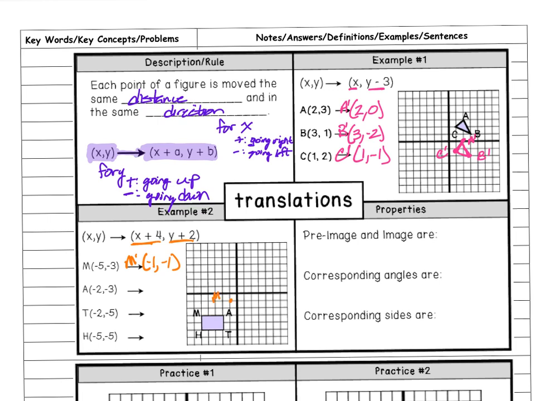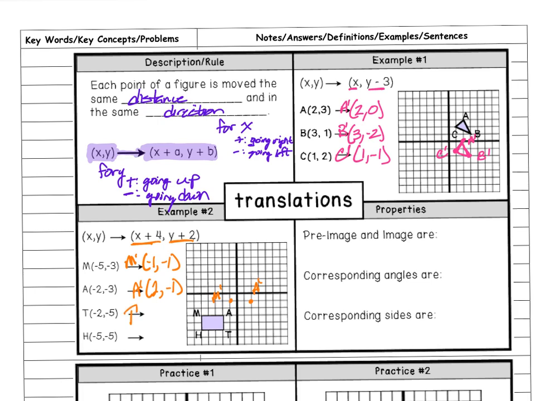So this is M prime. Okay, and then A prime: -2 plus 4 is 2, and -3 plus 2 is -1. So I'm going to (2, -1). That's A prime.